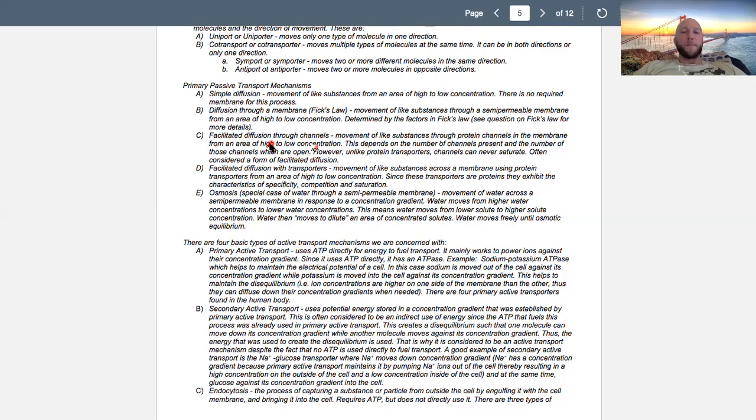So these are like the tunnels where molecules can flow through the membrane. Some of them have gates, some of them have 2 gates, some of them have 1. Some of them are always open and have no gates. Unlike protein transporters, channels never saturate in the human system.